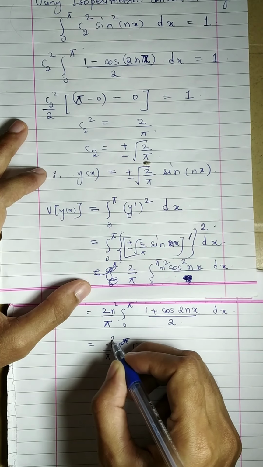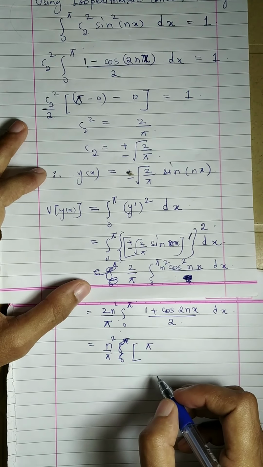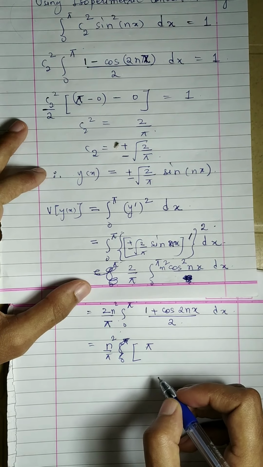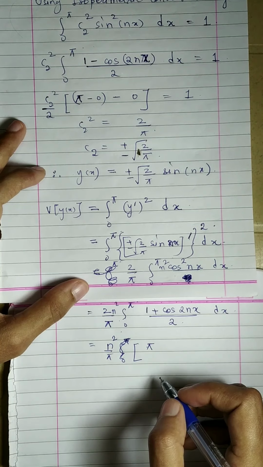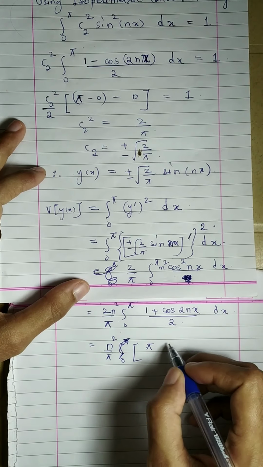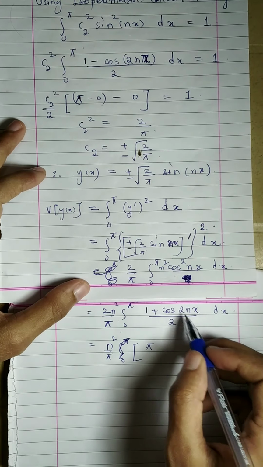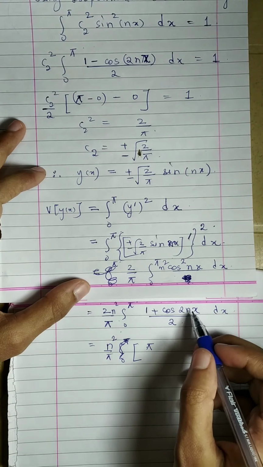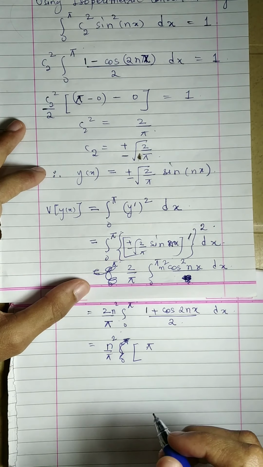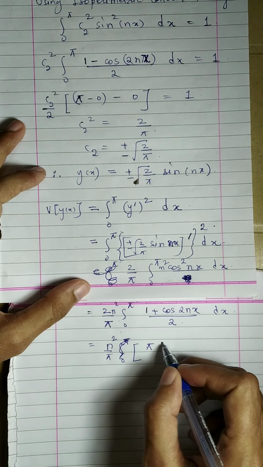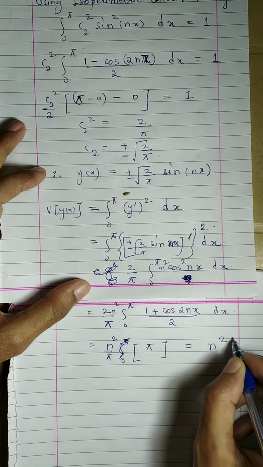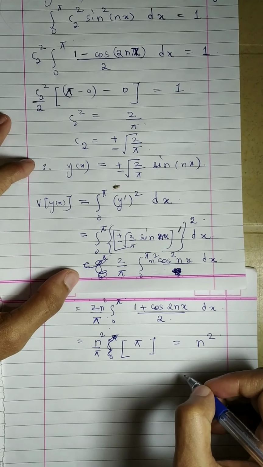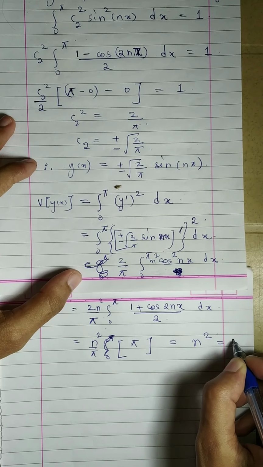So this will be n square, and then the second term will be equal to 0. Yes, so we get the value as n square. So the minimum value here is equal to 1.